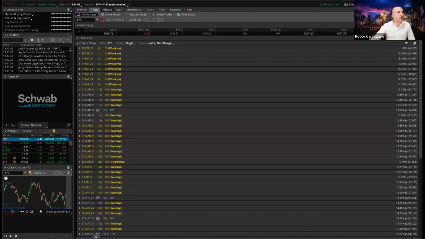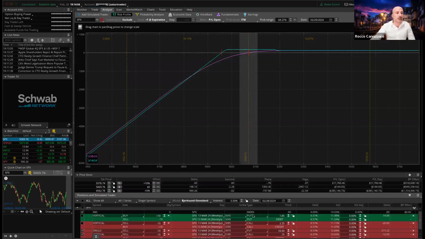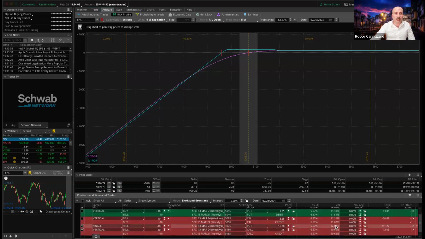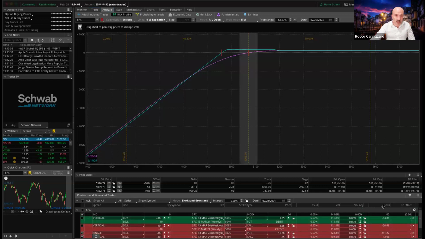And if I'm analyzing a particular position, as you can see here, I can click on this chevron icon, and I can increase the volatility. But if I do this, it's going to increase the volatility across every single strike the same way. This is basically a parallel shift up or down of the volatility.